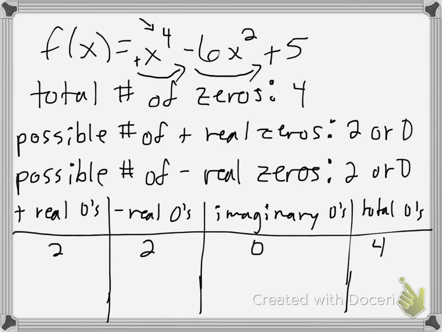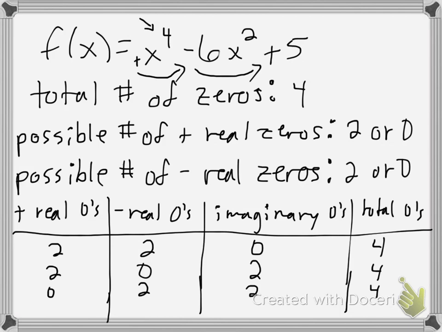Now, I could have 2 positive real zeros and 0 negative real zeros. That would mean I would need 2 imaginary zeros. The possible number of positive real zeros is also 0. So I could have 0 positive real zeros and 2 negative real zeros, which would mean I would need 2 imaginary zeros.